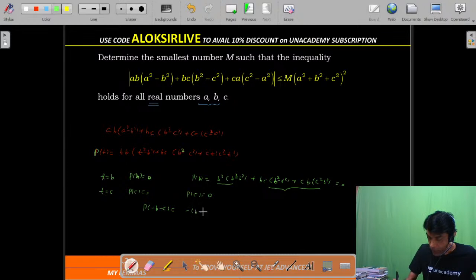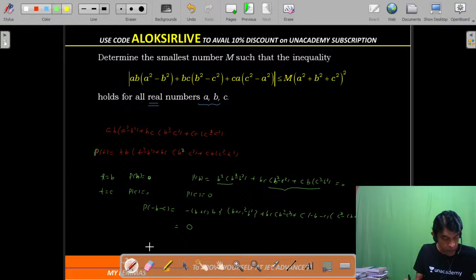So we can write minus of b plus c times b, and we can write b plus c squared minus b squared plus bc, b squared minus c squared plus c times negative of b, negative of c, and c squared minus b plus c whole squared. So we can put that, and we can quickly check that this will turn out to be 0.